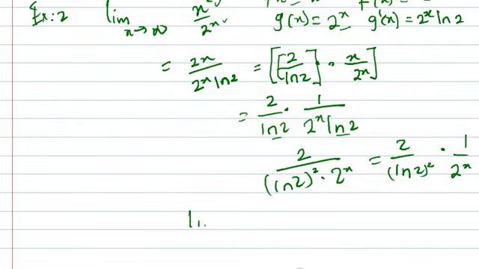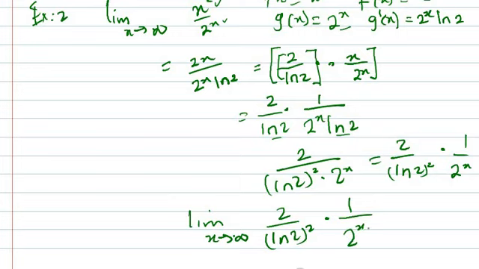And then the limit as x approaches infinity of 2 all over ln 2 all squared, multiplied by 1 all over 2 power x.